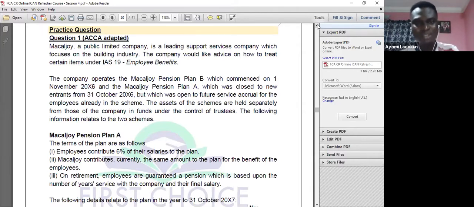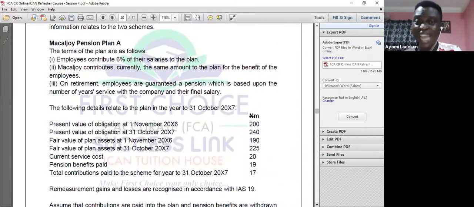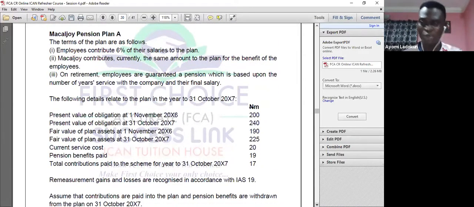The assets of the schemes are held separately from those of the company in funds under the control of the trustees. The following information relates to the two schemes. Everything I just read is just an introduction. They have not told me anything.